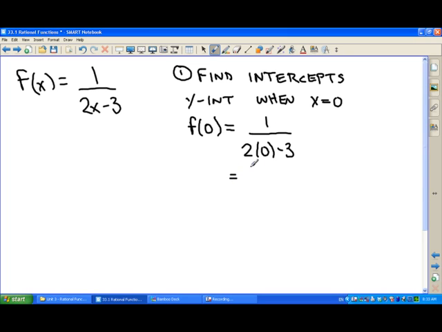So evaluating, I end up with a y-intercept of 1 over negative 3, or more properly, negative 1/3. So our y-intercept is at the point 0 and negative 1/3.